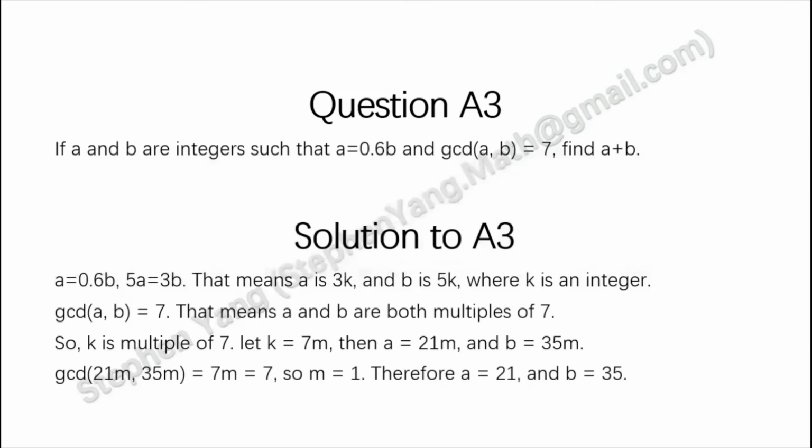And GCD of 21m and 35m is 7m, and that equals 7. Solving for m, we have m equals 1. So now we know that a equals 21 and b equals 35. So a plus b equals 21 plus 35 equals 56.